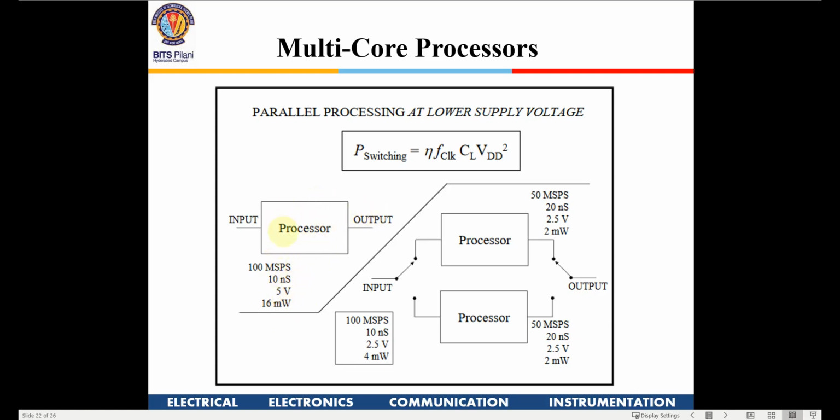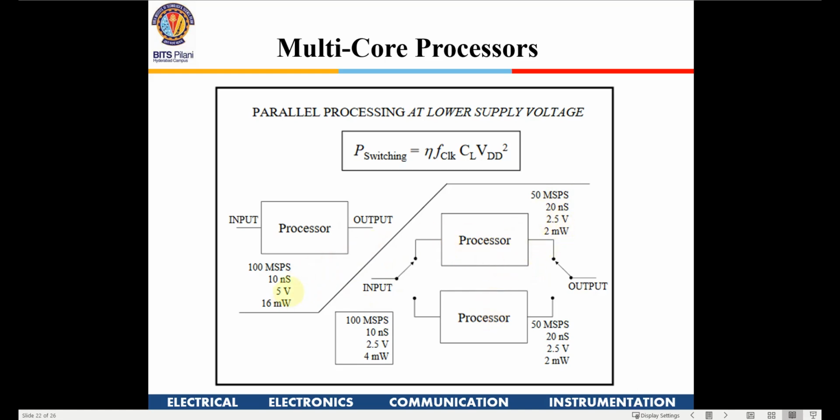Now instead of a single processor, I am going to use two processors which will run in parallel. Since I am using two processors in parallel, I can use a processor with a reduced voltage VDD.